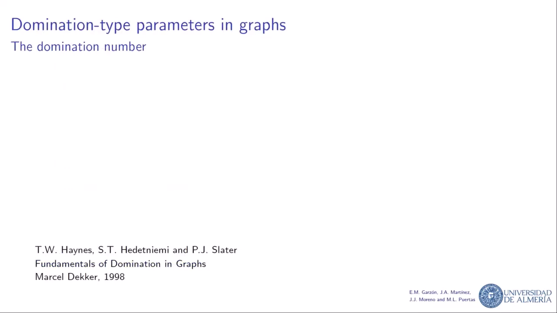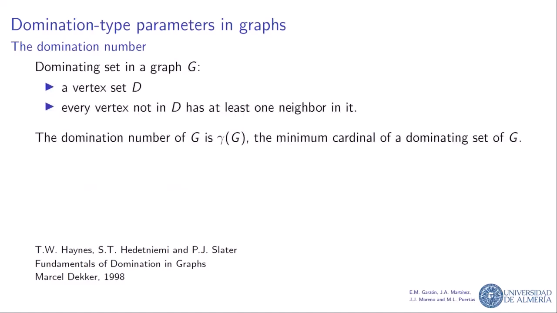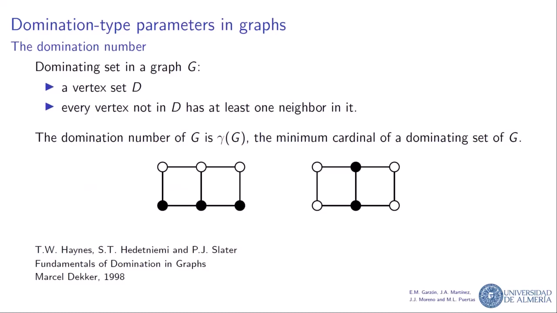So, first, the domination number of a graph. A dominating set in a graph G is a vertex set such that every vertex not in it has at least one neighbor in it. And the domination number, which is called gamma of G, is the minimum cardinal of a dominating set of G. You can see here a couple of examples.